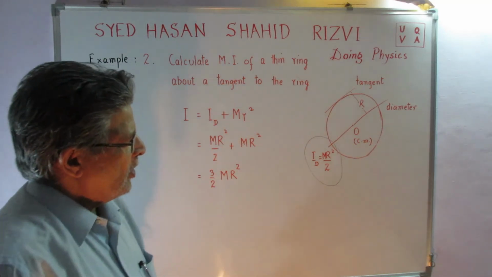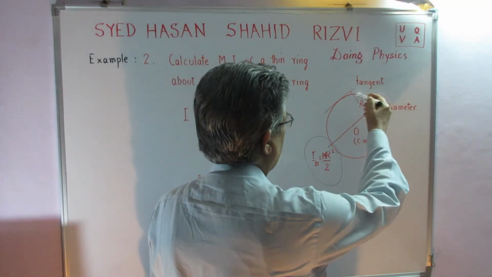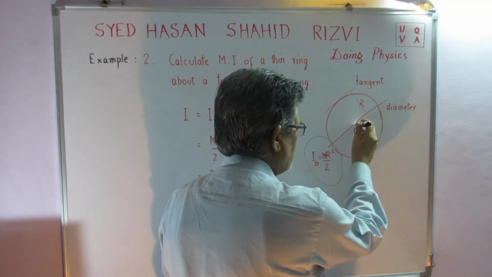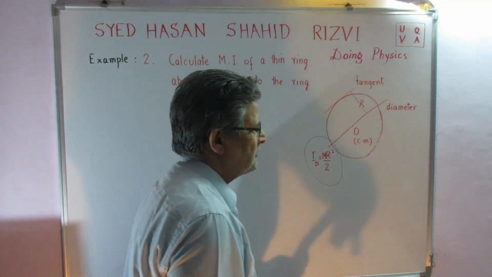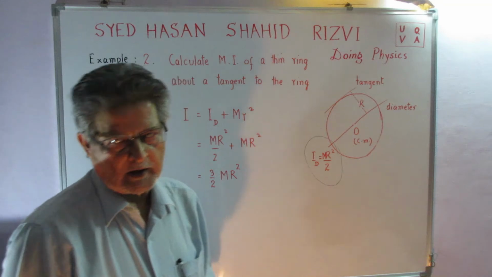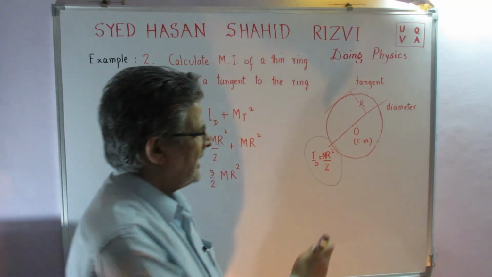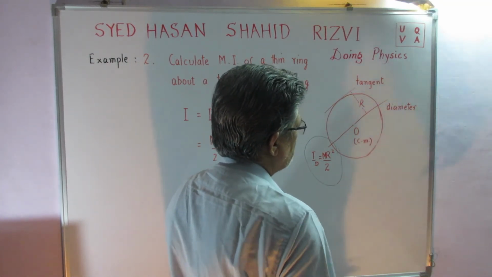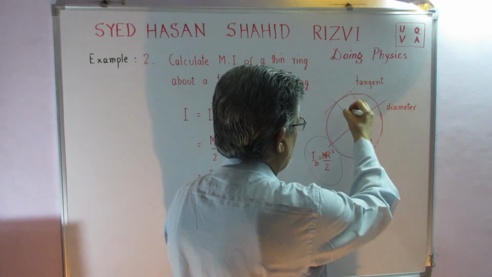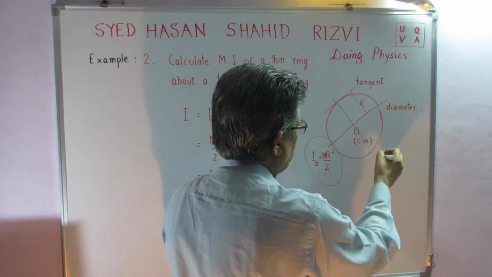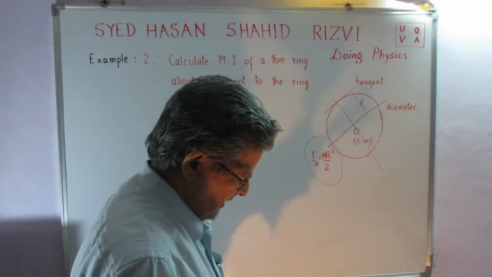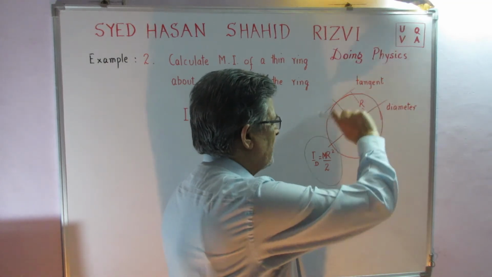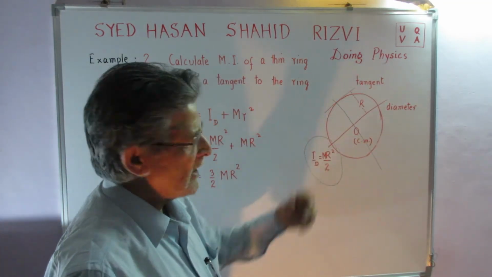Incidentally, we know that for a ring, the moment of inertia about an axis which is passing through its center of mass and perpendicular to it is equal to mr square. And then I can just choose any two diameters which are perpendicular to each other and which are passing through its center of mass, for example this diameter and this diameter, and they are equal in their face value.